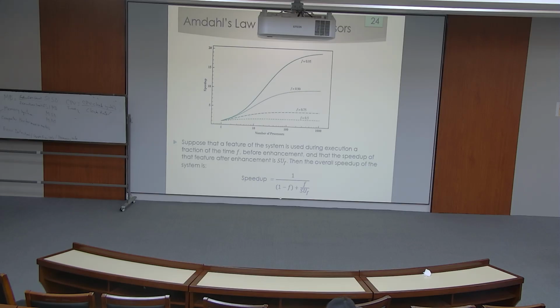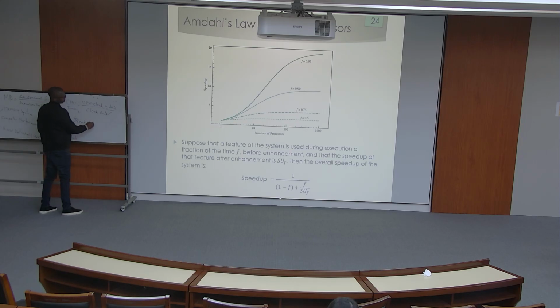We have Amdahl's law for multiprocessors. We suppose that we have a speedup system which is used during execution for a fraction of time f. Now the speedup is given by this expression. I want everybody to pay attention to this.